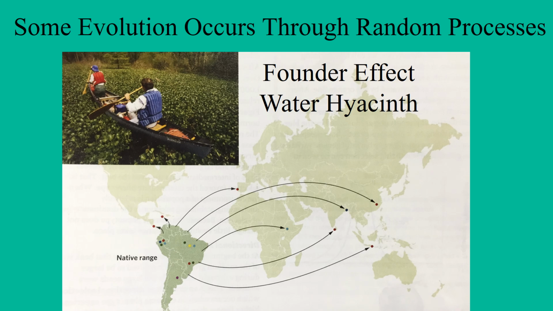You can see the genetics of this depicted as different colors. In a lot of the areas that it's been introduced to, it's the red morph that has been introduced. But in other ones, like in Africa, it's the blue, or the dark blue in some places.